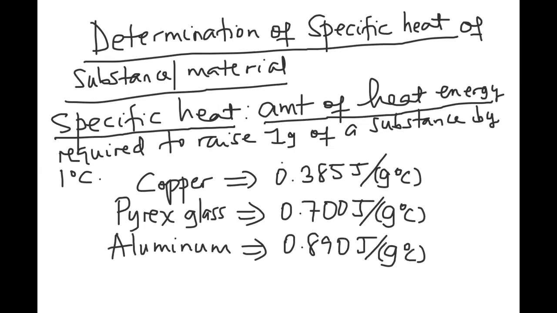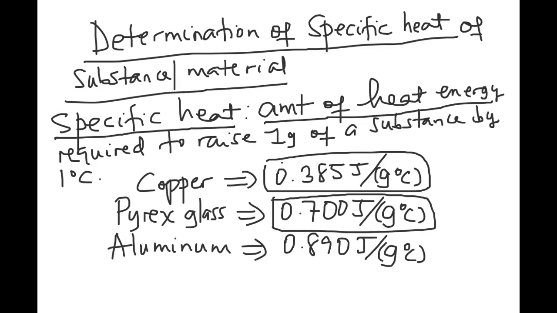So these numbers you see here are what we call specific heats of these substances. They are known values. And in this lab, we are going to learn how to determine these values. That's our purpose: to learn how to experimentally determine the specific heat.